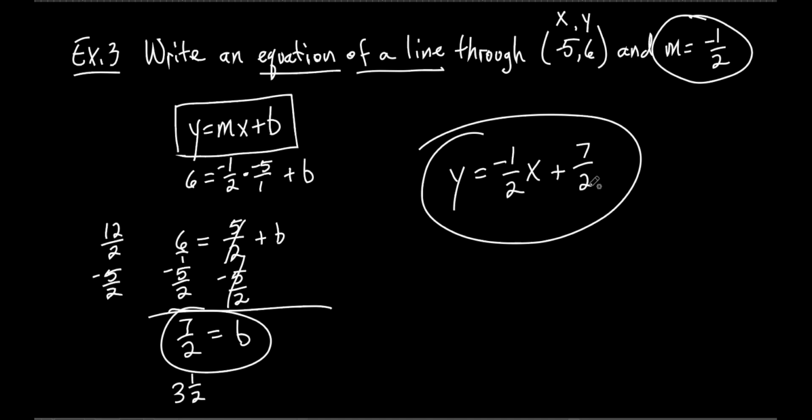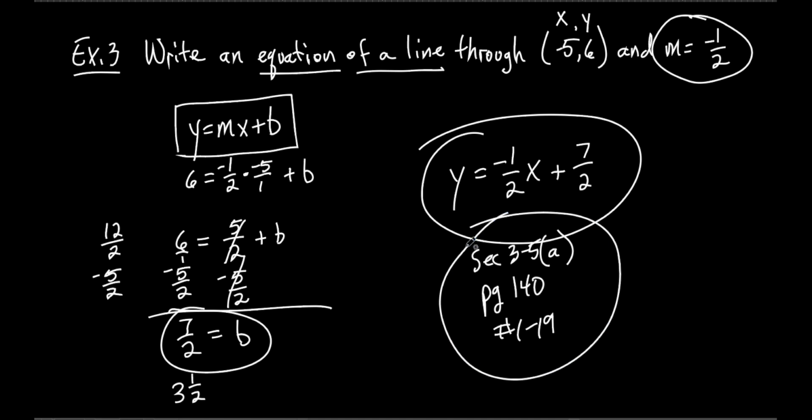It's 3.5a, which is page 140, 1 to 19, and it's section, what are we calling it? 3.5 what? A, because we will do some more after tomorrow. So there it is. It's in your lesson plans that I gave you yesterday, and that should be good.